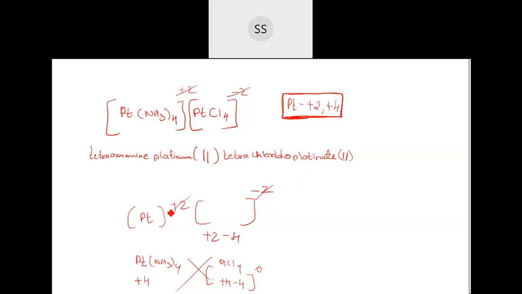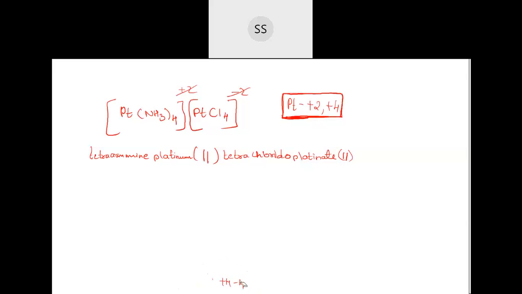Okay, so then I will tell you about the oxidation state of it. Okay, yes. Yes. So see here.